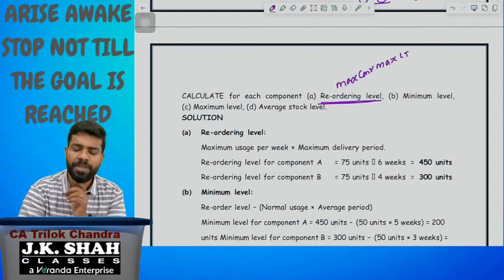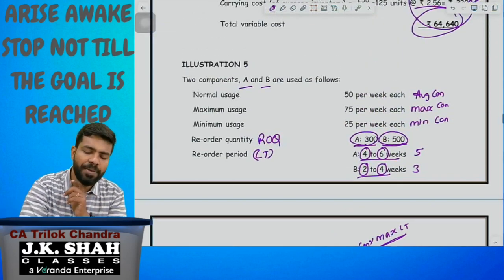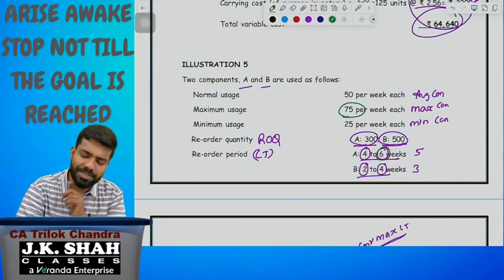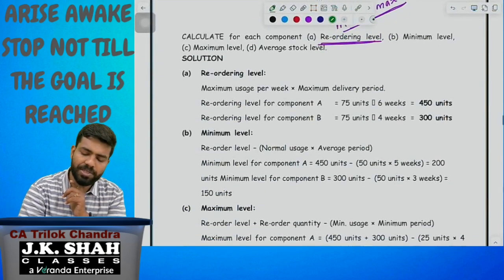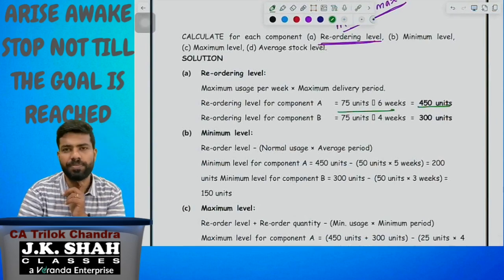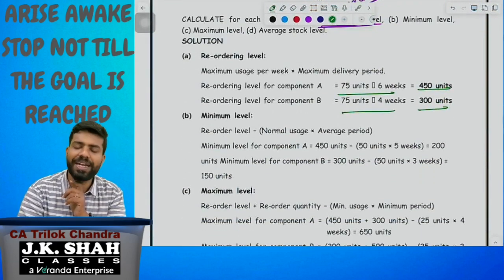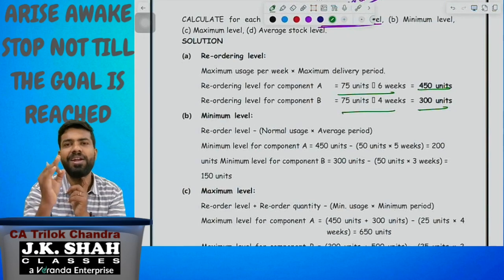For component A, maximum consumption is 75, maximum lead time is 6. So 75 into 6, 450 units. For B, maximum consumption 75 and maximum lead time is 4, 75 into 4, 300. That is the reorder level.